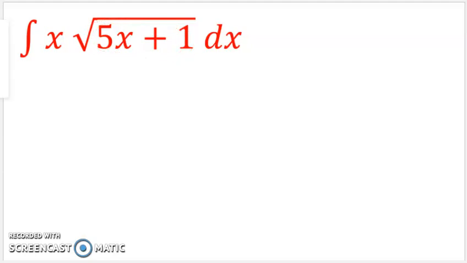It will be easier for us to manipulate later on. So we have our u, 5x plus 1. And then the derivative of u with respect to x is 5 dx. Dividing both sides by 5, we get dx equal to du over 5.